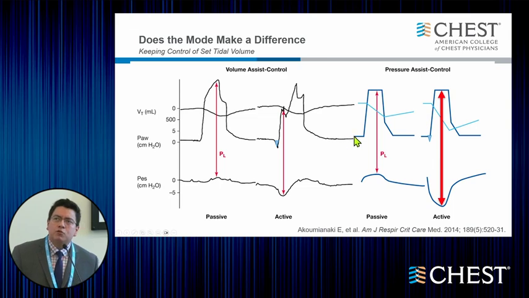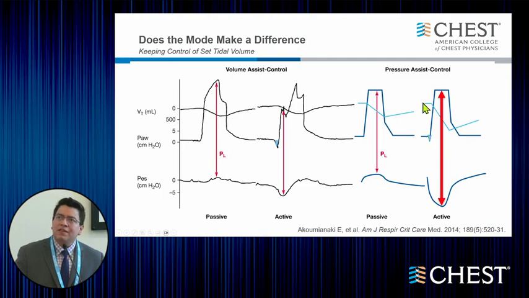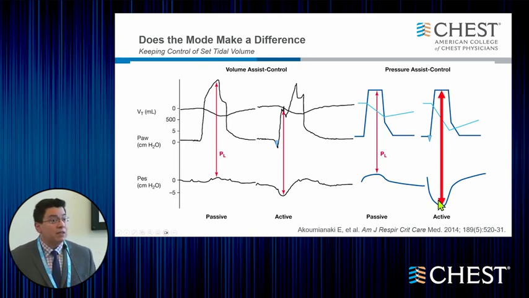But in pressure control, when we have a passive breath that transitions to a significant patient effort, you see a significant change in tidal volume. And as you can see, because of the negative deflection of that esophageal pressure and the persistent and constant inspiratory pressure that characterizes pressure support, the transpulmonary pressure is quite significantly larger.